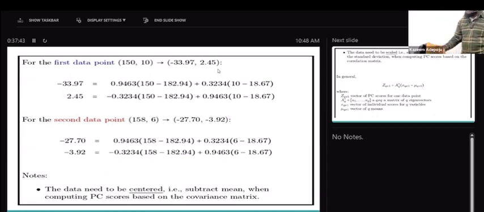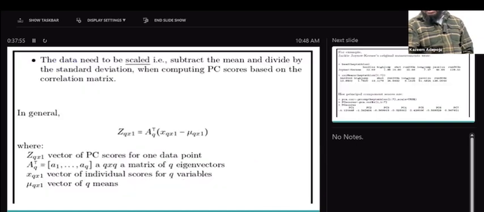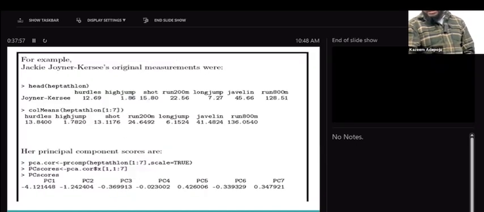So this is like predicting, getting the principal component value from the original values, making use of the equation. That is the essence of what we're doing here. And I think I've explained all of that, the scaling one.